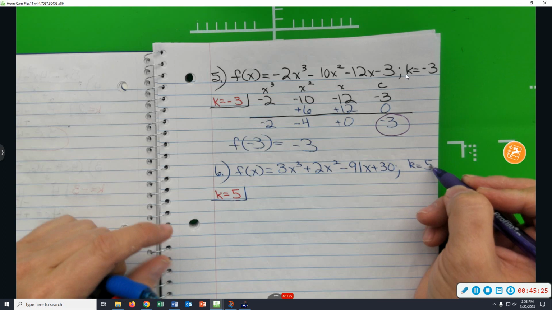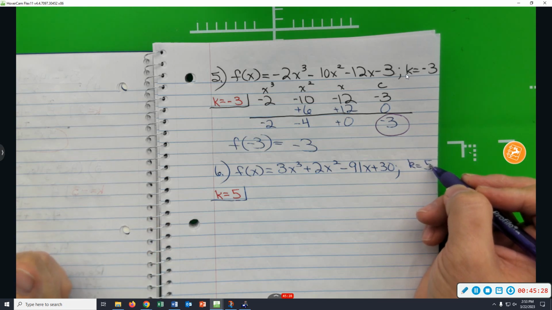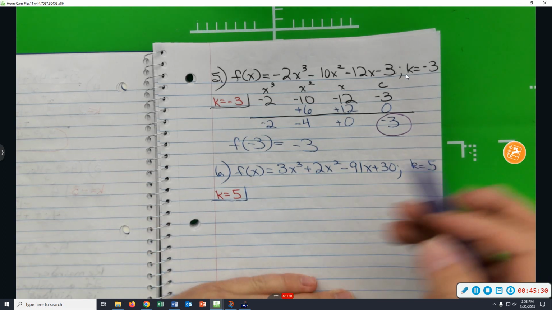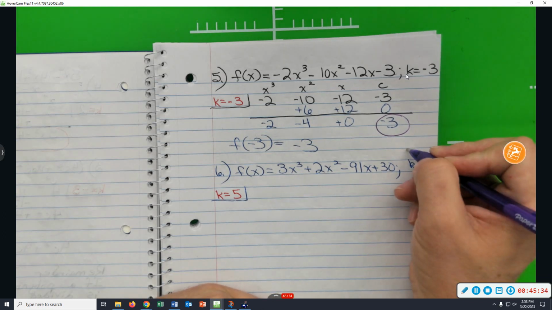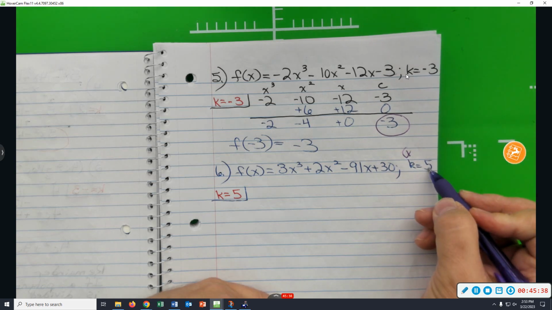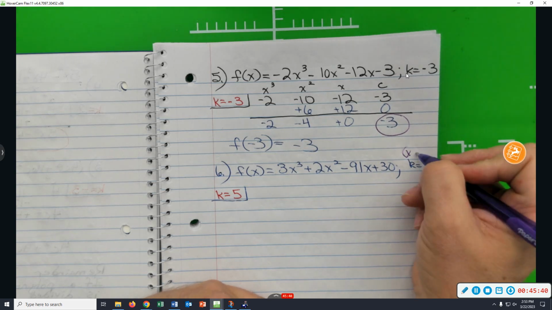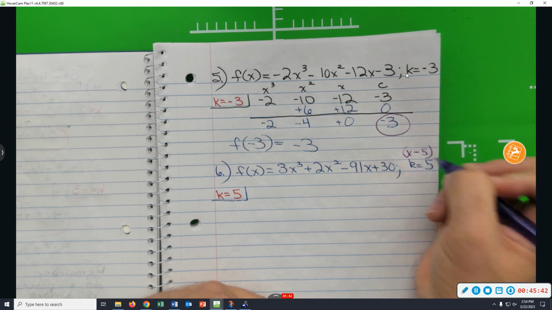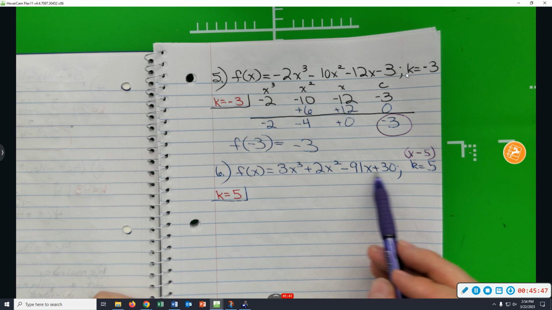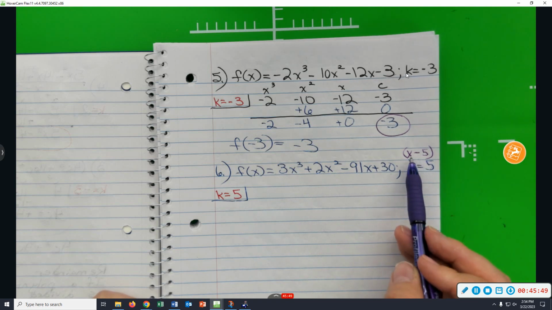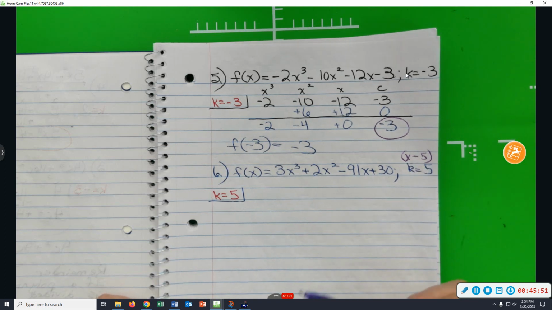She's jumping ahead to the factor, and I think it might be a good idea for us to write that down right now. When we start factoring this thing at the end, the first factor we're going to use is going to be variable, and we see the K value is a positive 5, so we need a minus 5. So we already know one of the factors. If we're trying to factor that, one of the factors is going to be x minus 5.